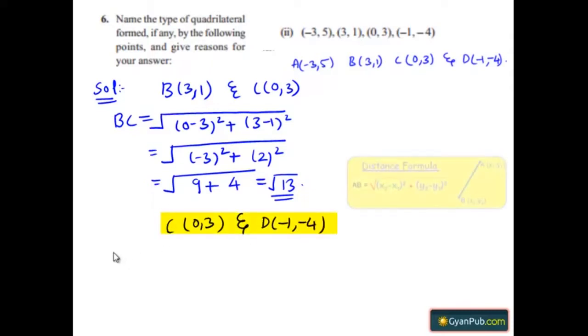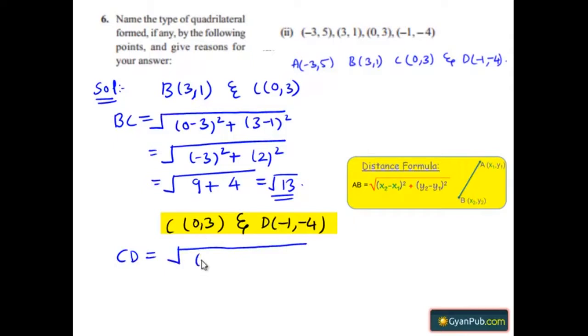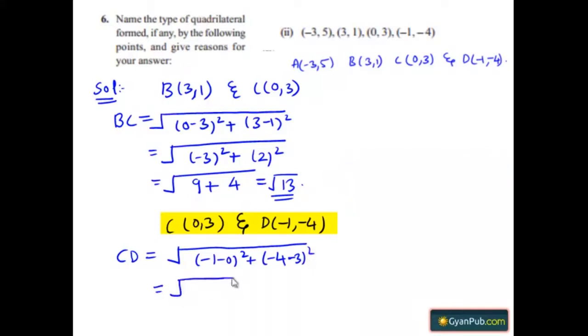By the distance formula, we get length CD equals the square root of (-1 - 0) whole square plus (-4 - 3) whole square, that is equal to the square root of -1 square plus -7 square, which is equal to the square root of -1 square is 1 plus -7 square is 49, which is equal to the square root of 1 plus 49, which is root 50.